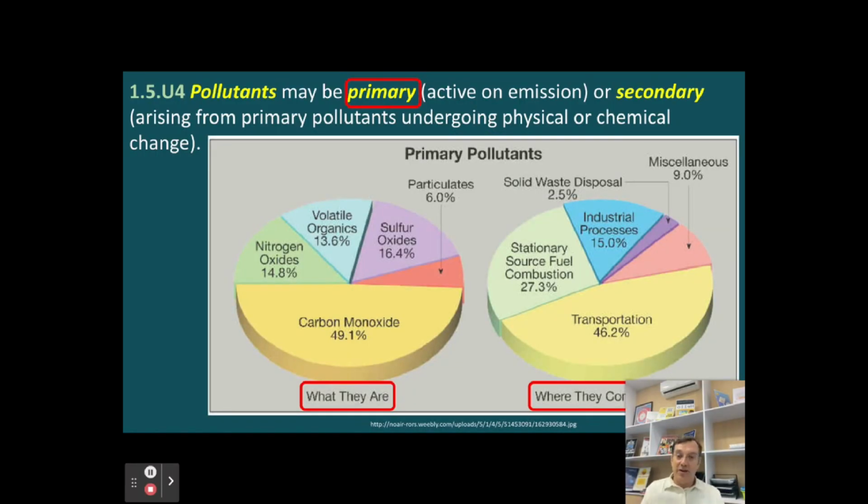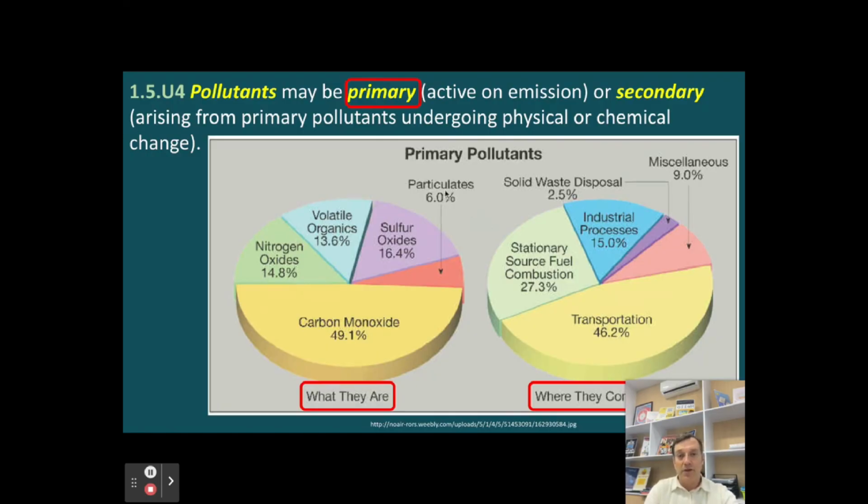You don't need to know these figures. You don't need to know the numbers. But if you'll notice here, carbon monoxide is a common primary pollutant resulting from transportation. Nitrogen oxides come from stationary source fuel combustion. Those are things like your power plants that produce electricity.